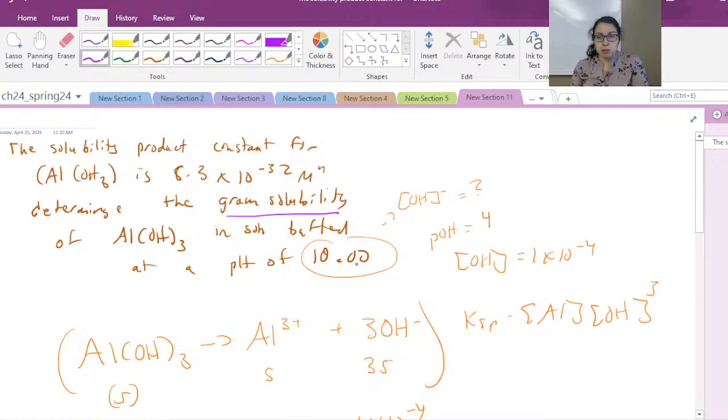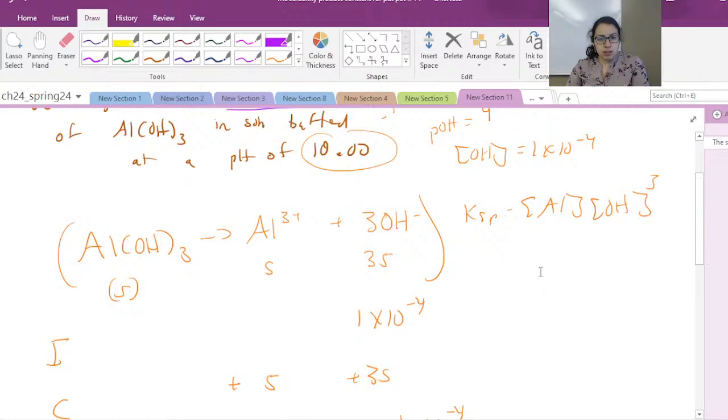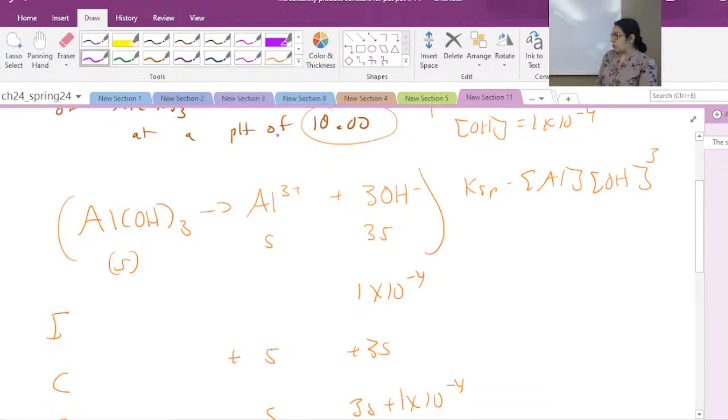We started with the pH, used the pH plus pOH equals 14 relationship, got the pOH, and then you take 10 to the power of negative pOH to get the concentration. So just watch for that pH on your exam, and it'll probably be a similar process.